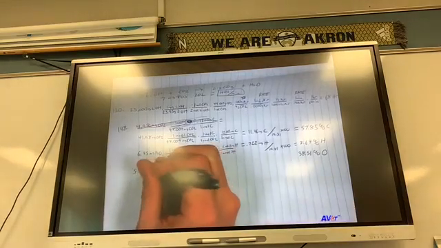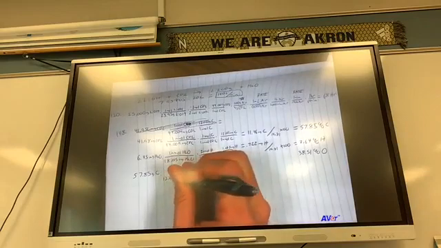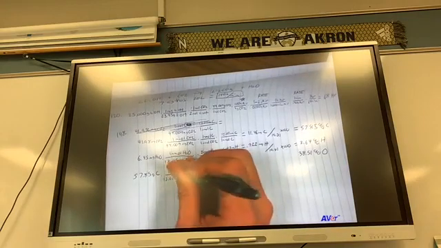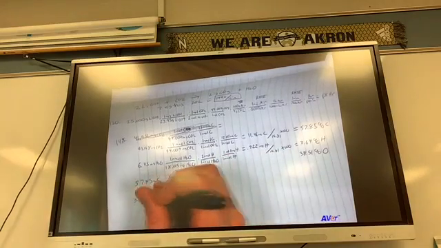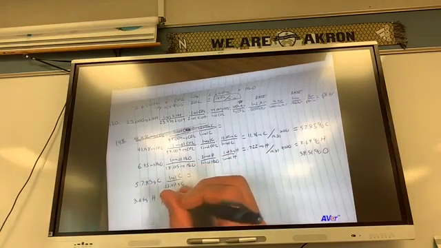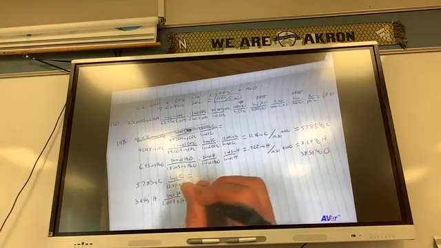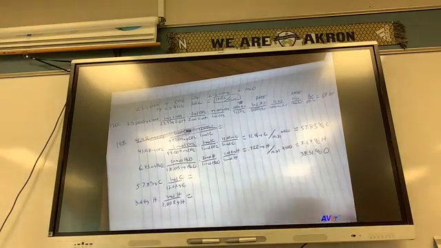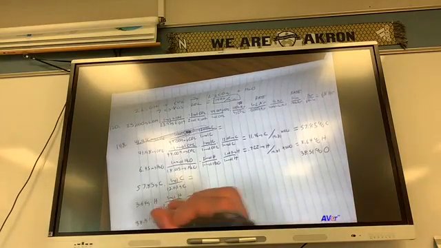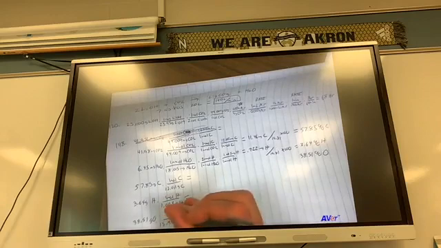I have 57.85 grams of carbon times 1 mole of carbon per 12.011 grams. I have 3.64 grams of H times 1 mole of H per 1.008 grams. And finally, I have 38.51 grams of O times 1 mole of O per 15.999 grams.